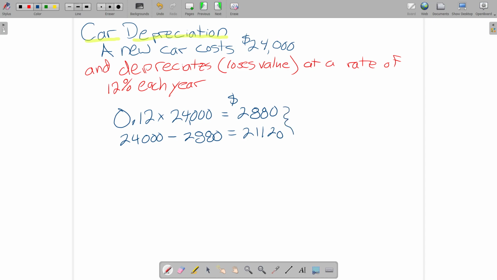So all of this information can be combined by saying, well, we started off with $24,000 and that was 100% of what we started with, but now we're losing 12%. And if we lose 12%, that means the car retains 88% of its value, as a decimal 0.88. So now I should have 24,000 times 88%.